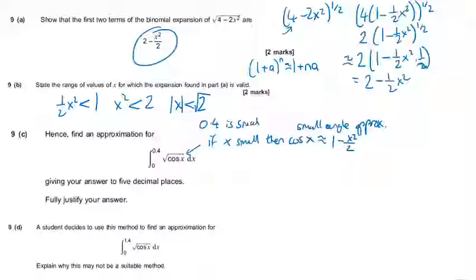And somewhere in your answer you should write that 0.4 is small, so this upper limit here. So we can approximate it like this. So we've got from 0 to 0.4 of root 1 minus x squared over 2.